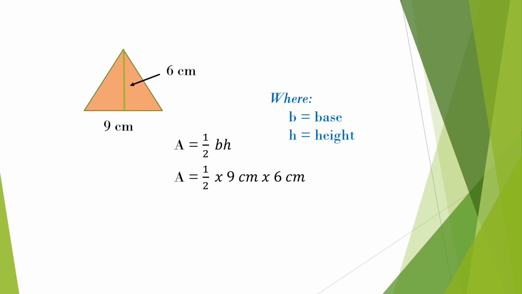A is equal to 1/2 times 9 centimeters times 6 centimeters. Now I give you time to calculate this. Okay, so what's your answer? Excellent. It is 27 square centimeters. There.